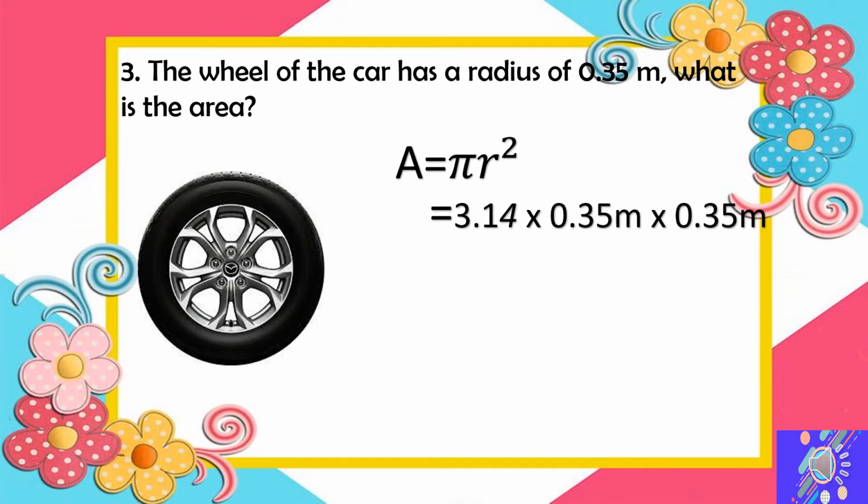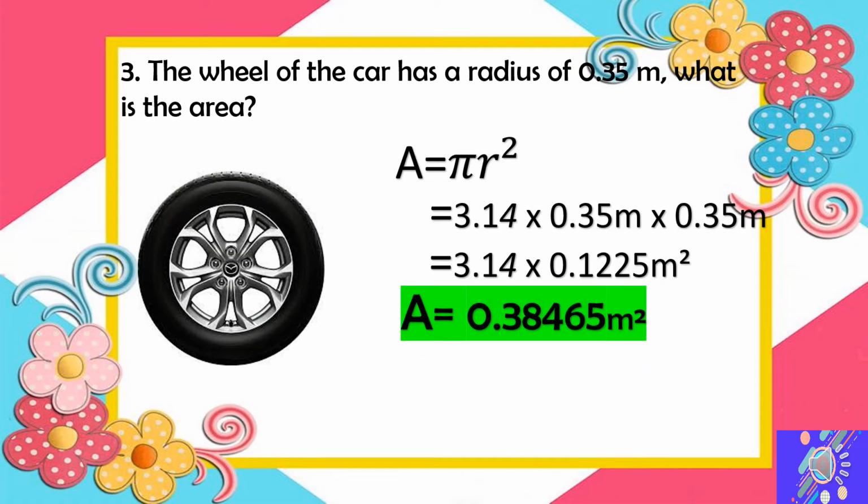So we have to double the radius, 0.35 meters times 0.35 meters. So the answer is 3.14 times 1,225 square meters. So when we multiply that, the answer is 0.38465 square meters, and that is the area of the wheel of the car.